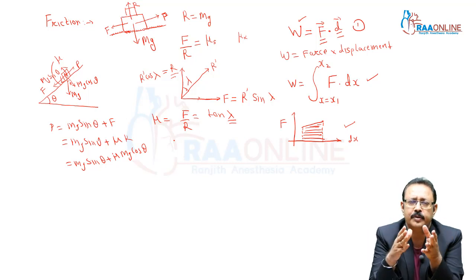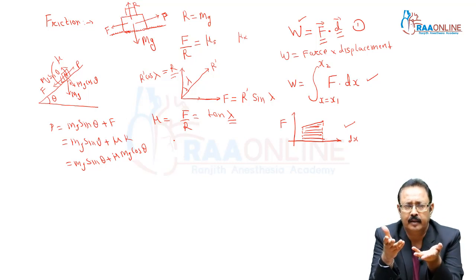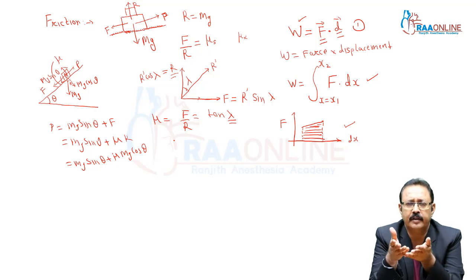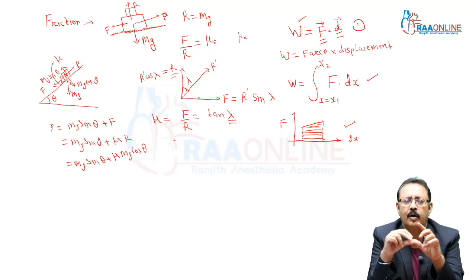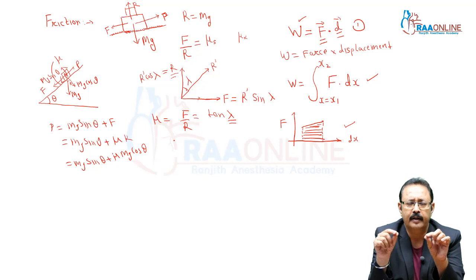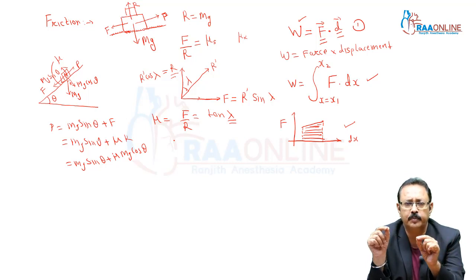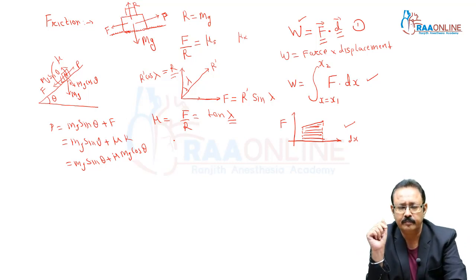In work you are using joule or erg. Nowadays we are not using the FPS unit, which was foot poundal. Poundal is the unit of force. Pound is the unit of mass, but in the FPS system poundal is the unit of force. But nowadays we are using joule and erg, and 1 joule is equal to 10 to the power 7 erg.